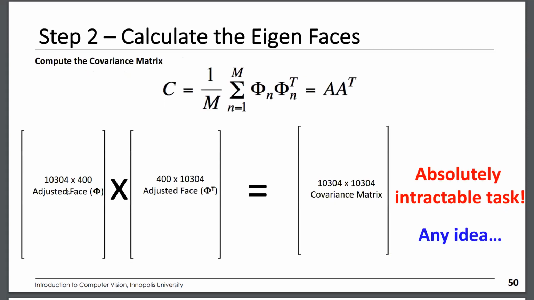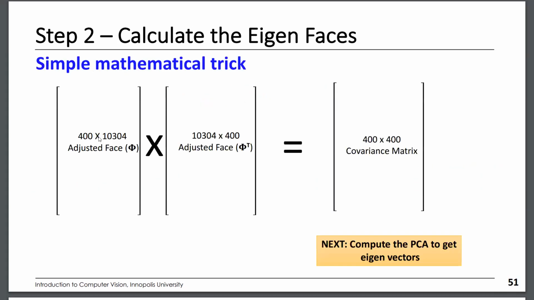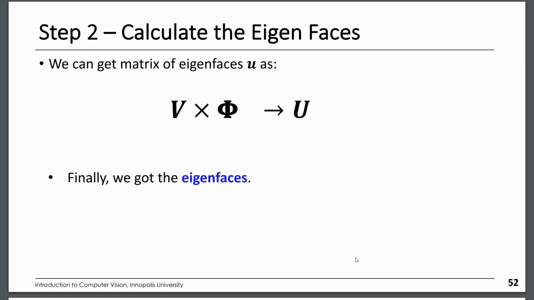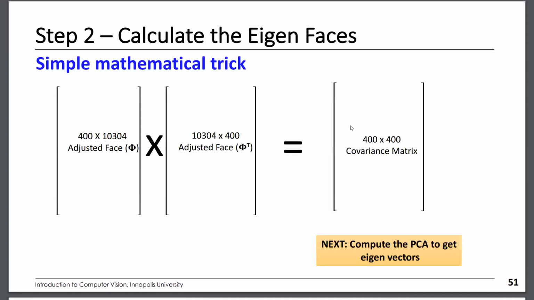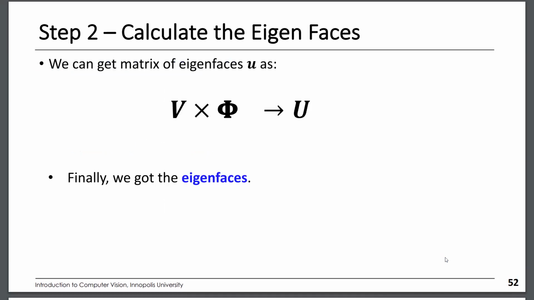Instead of 10,000 by 400, we do the opposite, 400 by 10,000, and we get a much smaller 400 by 400 covariance matrix. And we compute the PCA to get the eigenvectors for this one, right? So instead of having 400 vectors, now we're going to have only a few of them that we decide.